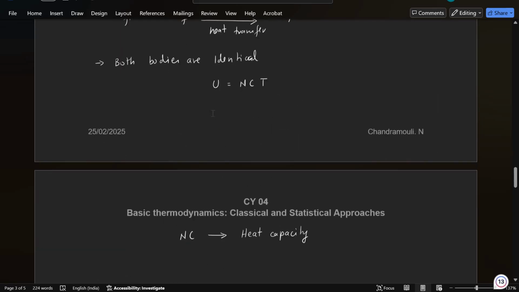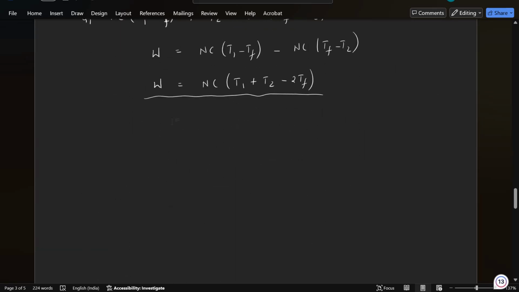But how do we get the temperature now? Is the question. I mean, of course, in the option you can get the temperature, but how do we get the temperature? What can we use to get the temperature?